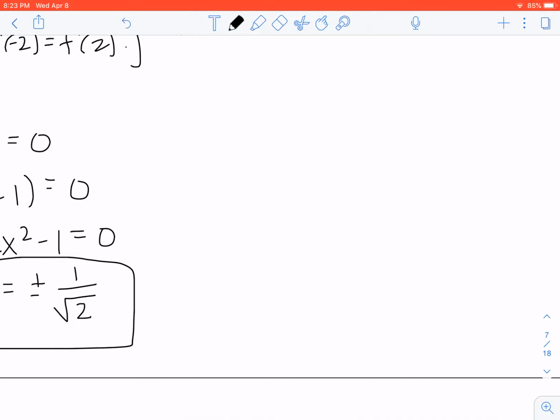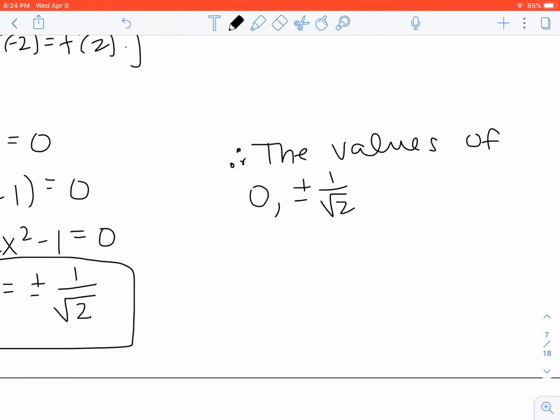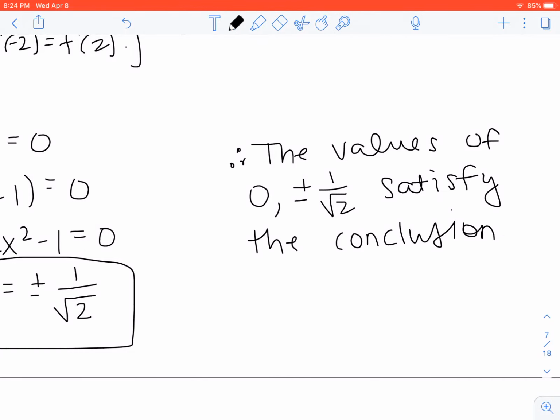So we'll say, therefore, the values of 0 and plus or minus 1 over the square root of 2 satisfy the conclusion of Rolle's theorem.